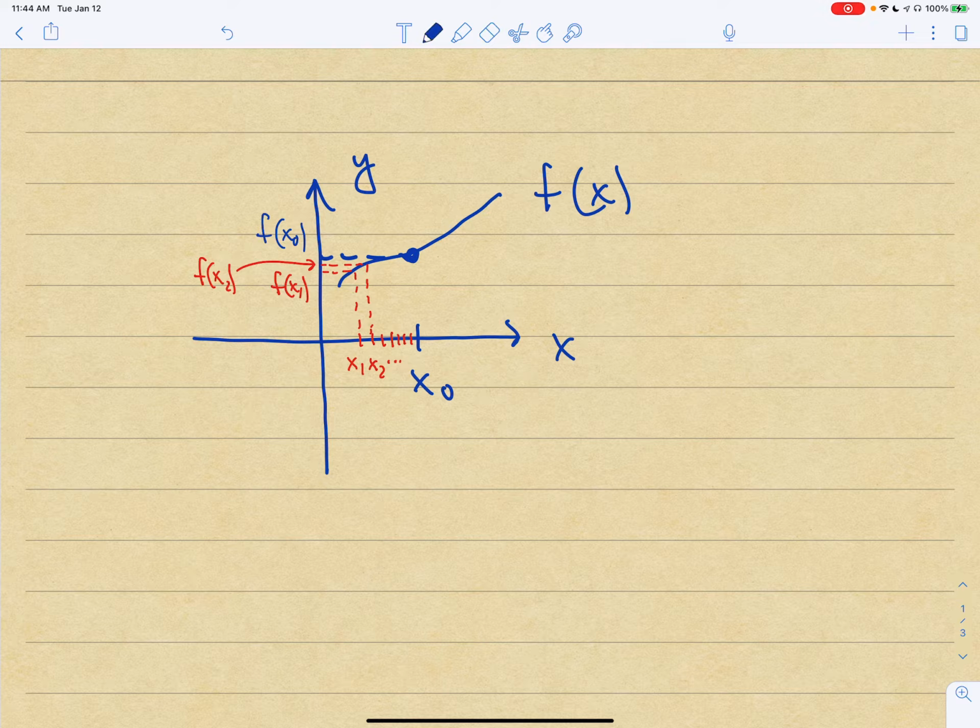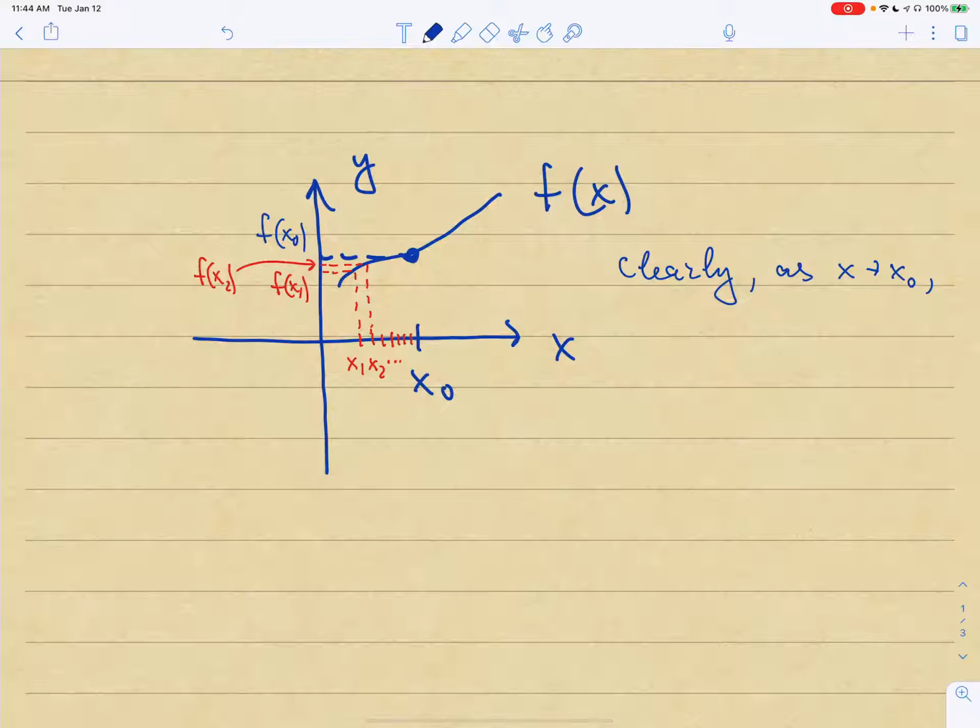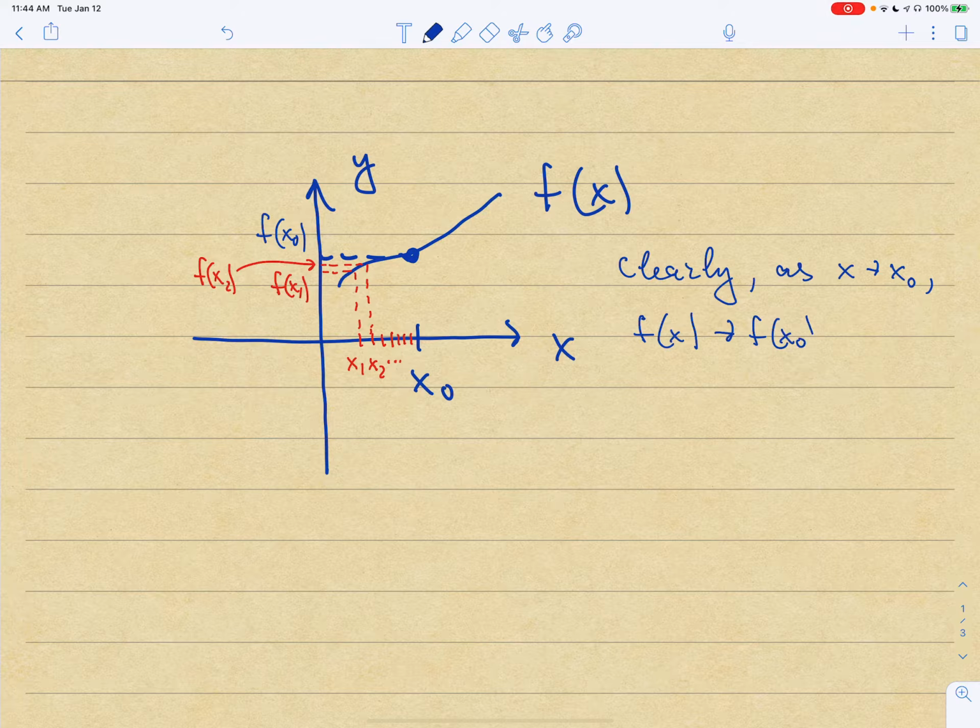So clearly, as x goes to x0, f of x goes to f of x0, so therefore f is continuous at x0.